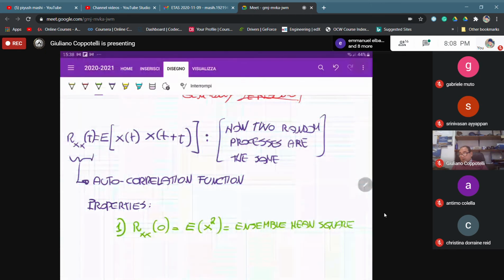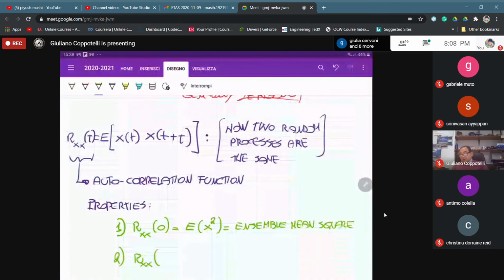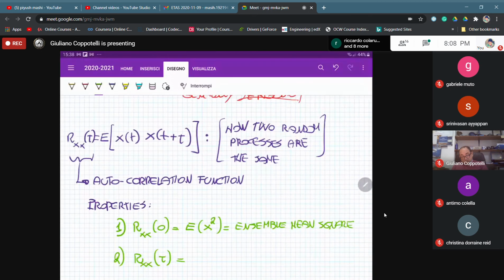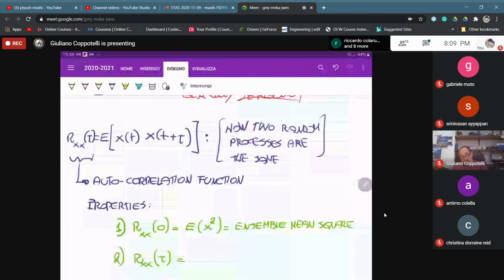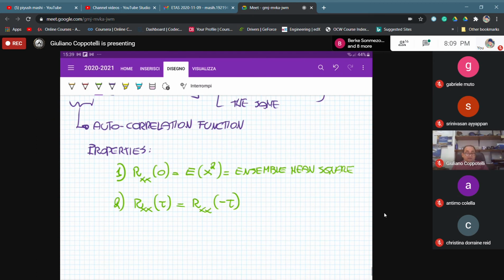We can also prove that the autocorrelation function at the time shift tau is equal to Rxx of negative tau. That is, your autocorrelation function is a symmetrical function with respect to the y-axis, with respect to the time shift tau.